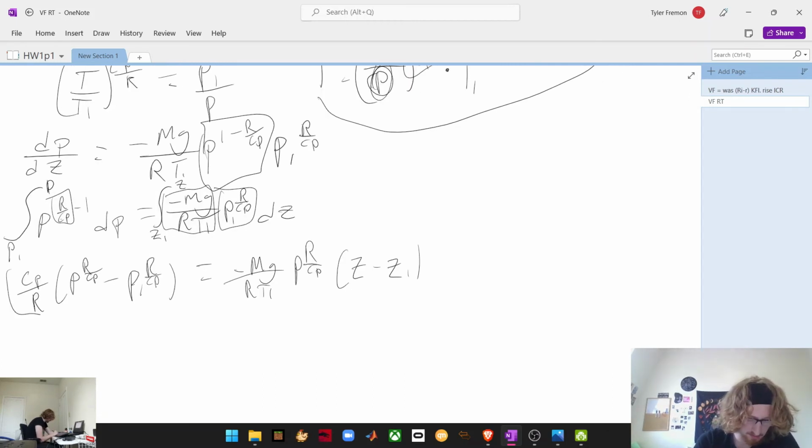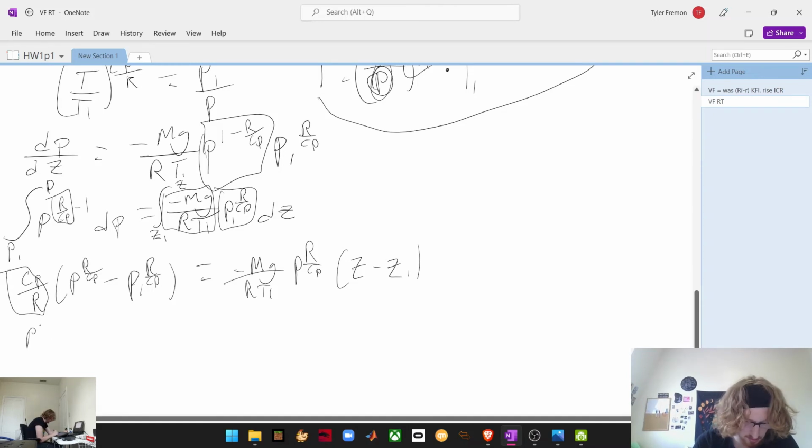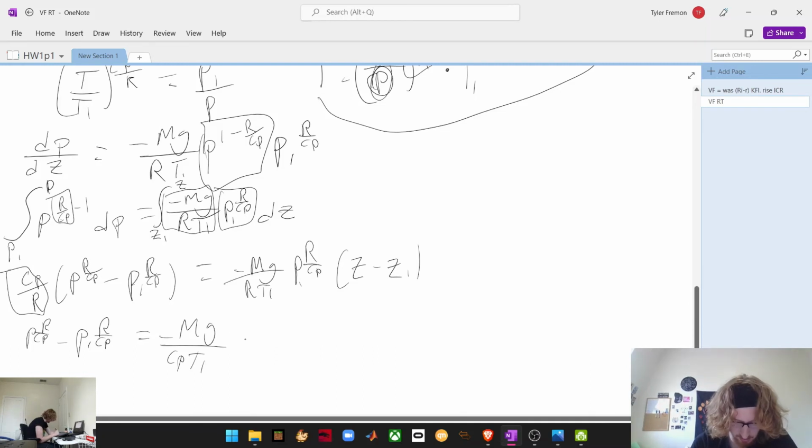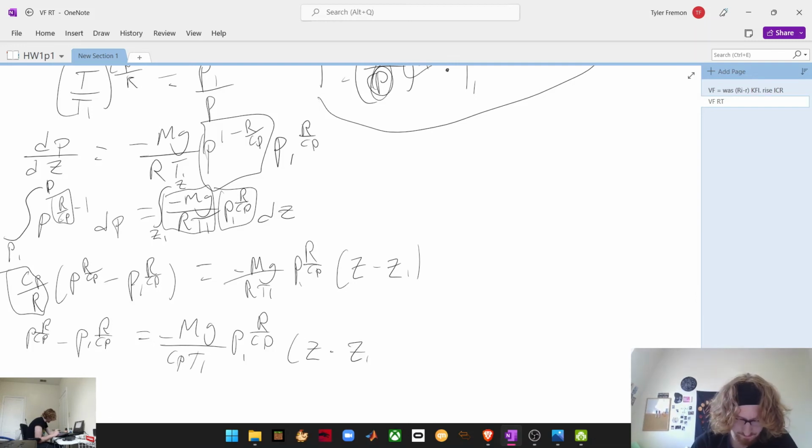And then we can divide across by Cp over R, and we're going to have P to the R over Cp minus P1 to the R over Cp. It's going to be equal to negative mg, and then we're dividing by Cp over R, so these R's will cancel and we'll be just left with Cp times T1. Forgot a 1 there in that pressure. P1 to the R over Cp times z minus z1.